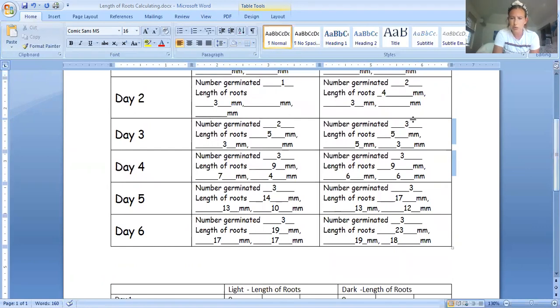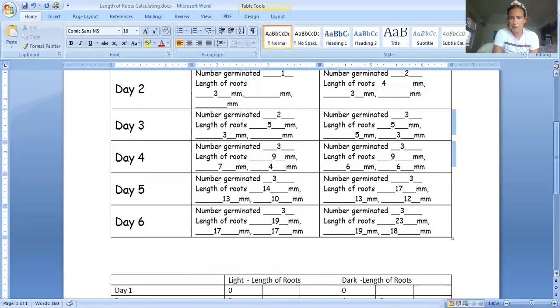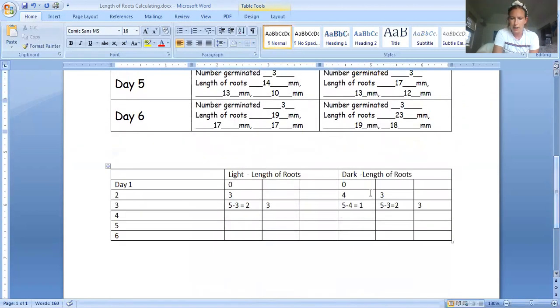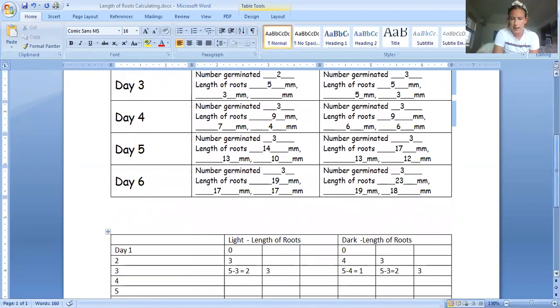On day 2, I have 2 seeds that were germinated. On day 3, I've got 3. So I'm first going to look at the first seed. It grew 5 millimeters, and the day before, it had grown 4 millimeters. So I need to figure out the difference between that day, 5 minus 4, and it's grown 1 millimeter, so slow on that day.